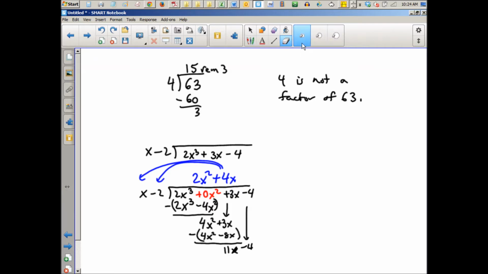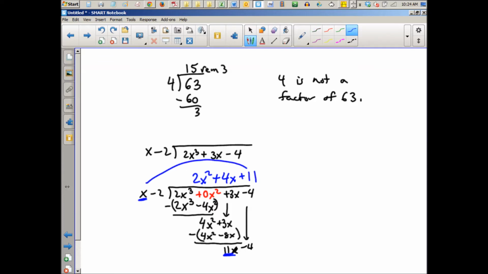You're on stage 3 of your division, so you're going to now ask, how many times does x go into 11x? So what do you multiply x by to get 11x? 11, right? So that goes at the top.